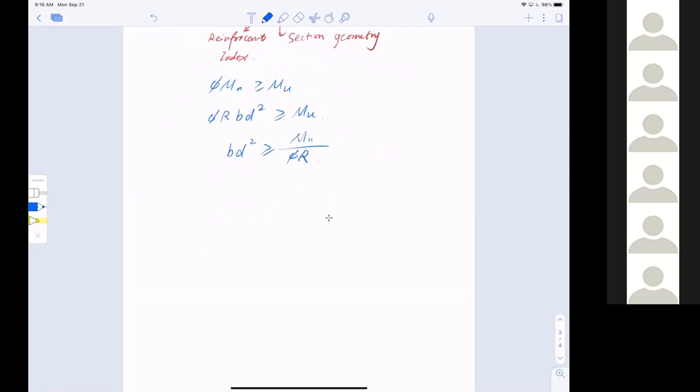Why is that? On the left I have the section geometry. The right-hand side has the moment and reinforcement. So on the right-hand side, we are given the moment and reinforcement, and on the left-hand side I have my section geometry, right?